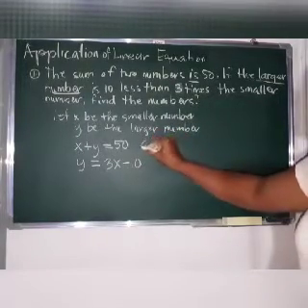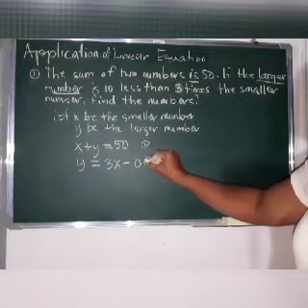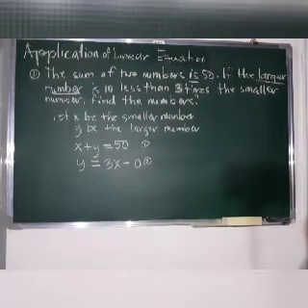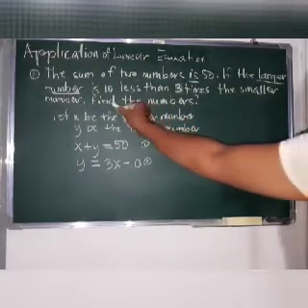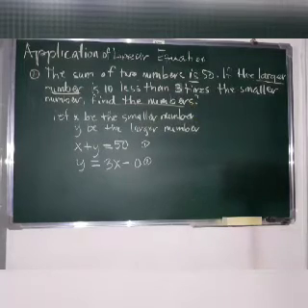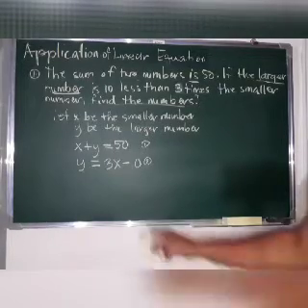So we have equation 1, equation 2. Now, how do we find the value of x and y, or find the numbers? There are a lot of solutions here, but today we're going to use substitution.